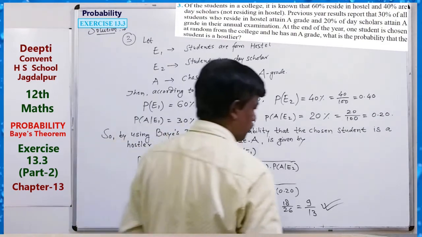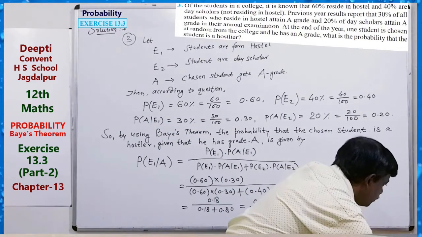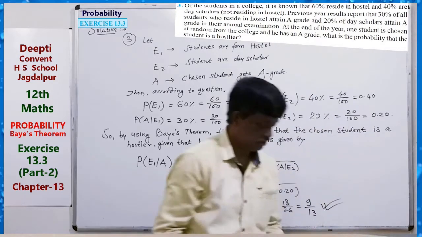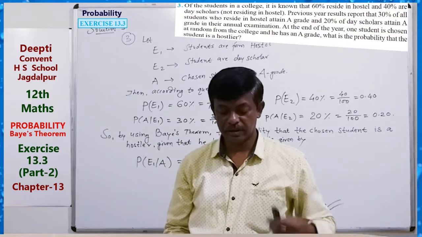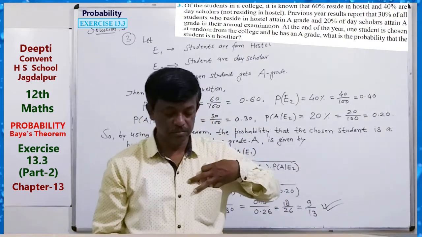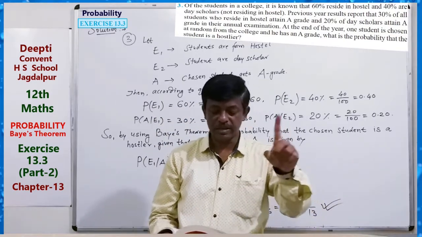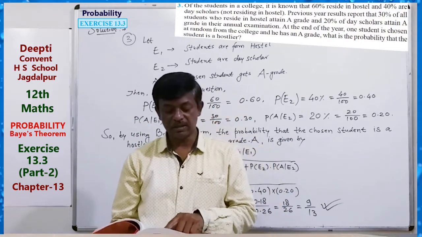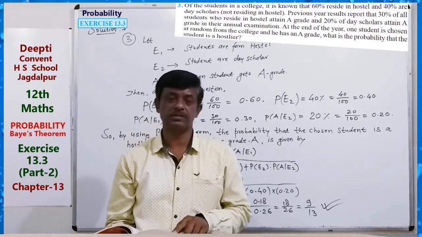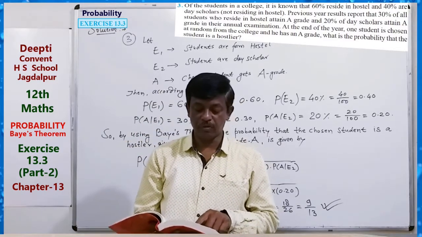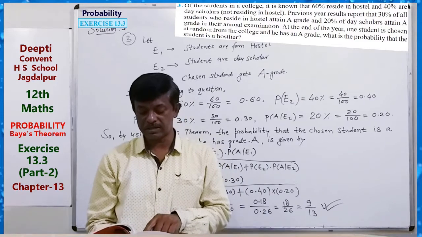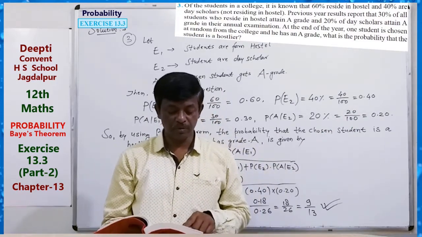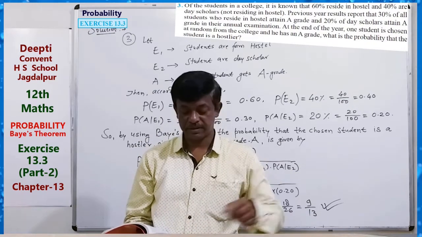Now take question 4. In answering questions on a multiple choice test, a student either knows the answer or guesses the answer. Let 3 by 4 be the probability that he knows the answer, and 1 by 4 be the probability that he guesses.